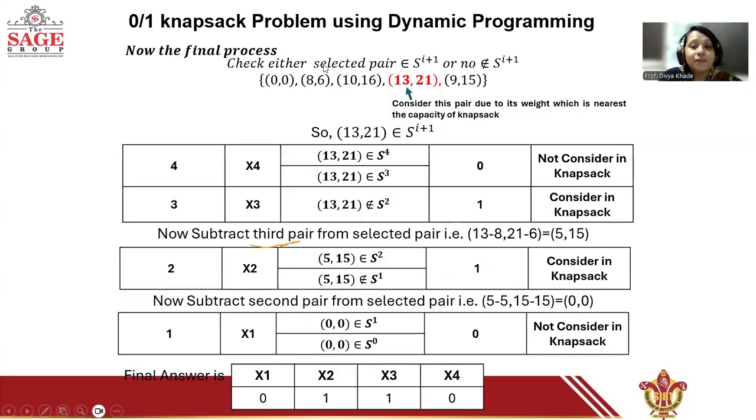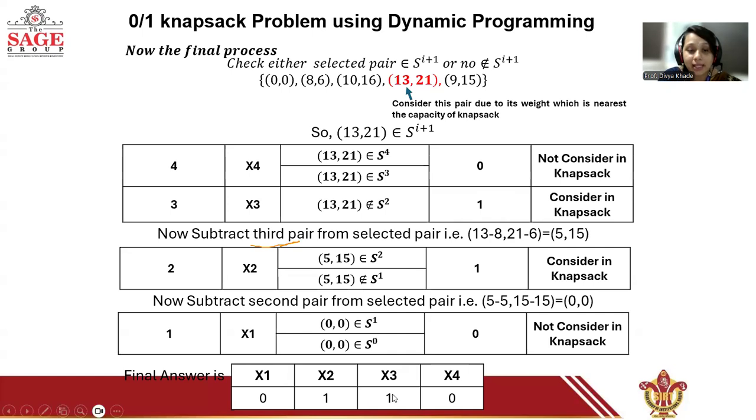Now, finally, we have to decide which item we have to pick and which item we do not need to pick. The first is we have to check the pair with weight which is nearest and giving the highest profit, which is 13 and 21. Now, 13 21 belongs to S4 and 13 21 belongs to S3, which means we do not need to pick item 4, because 13 and 21 already existed in S3.